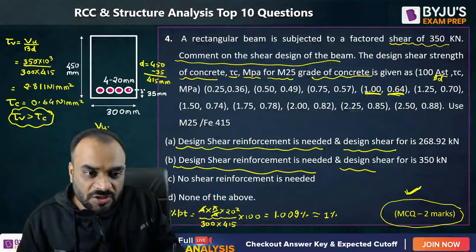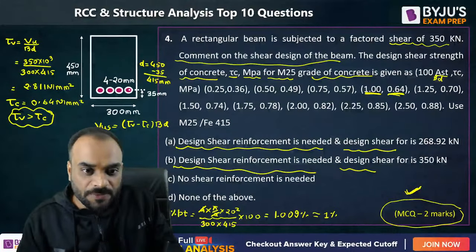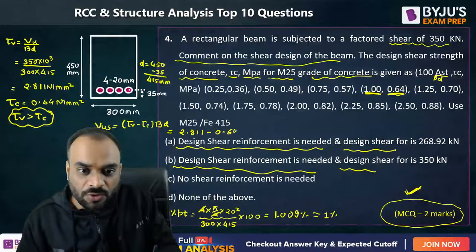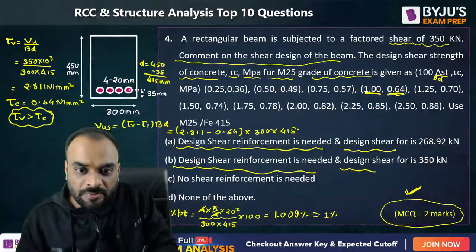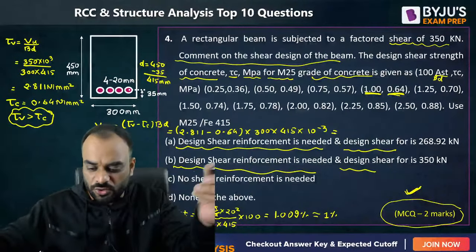So design shear force is equal to tau v minus tau c multiplied by B into d. Simple. So tau v is 2.811 minus tau c is 0.64 multiplied by B into d. B is 300 and d is 415 and multiplied by 10 raised to power minus 3, so it is converted into kilonewton.